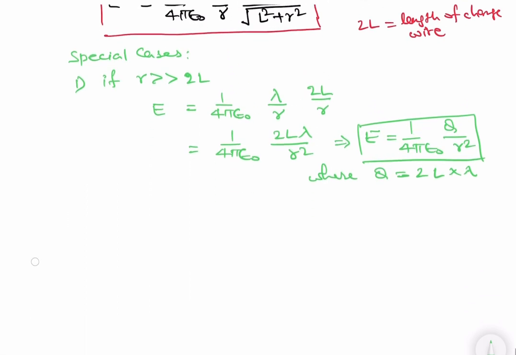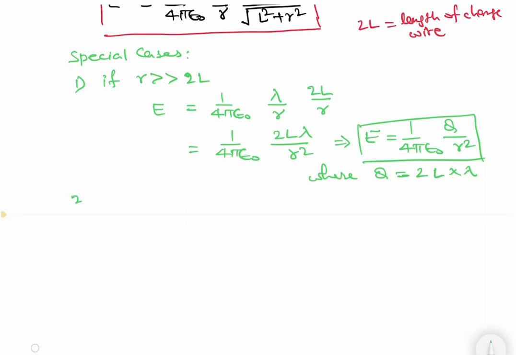That is, in this case, when the distance of the measuring point is far away from the charged wire, the charged wire will act as a point source charge.